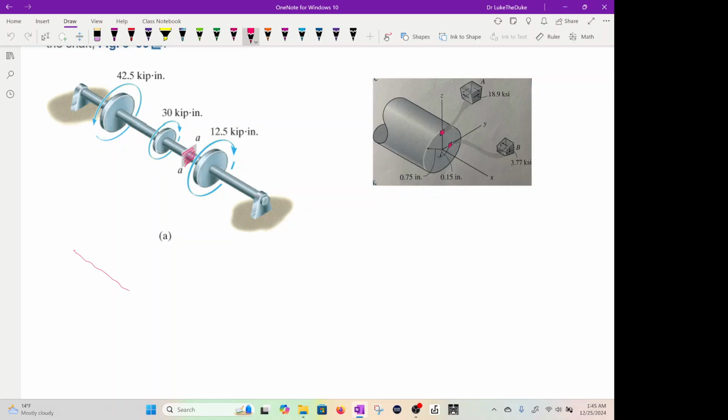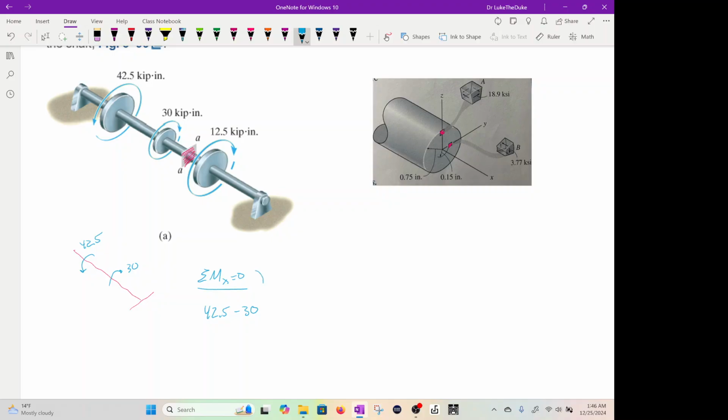All right, I'm going to draw here, and then this is where A is. So you have 30, and then you have 42.5. So if you sum the moments along the x-axis, you get 42.5 minus 30.